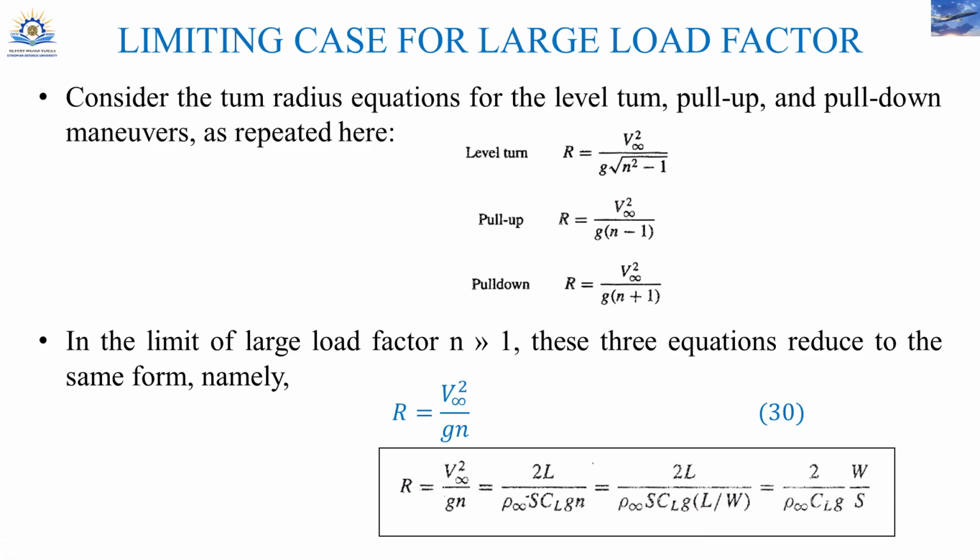So during that time, what is R? For level turn, pull up, and pull down, the same equation will come: V square over G times N. Now how can we relate velocity with lift?